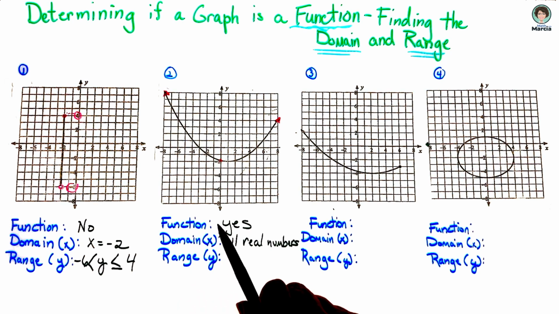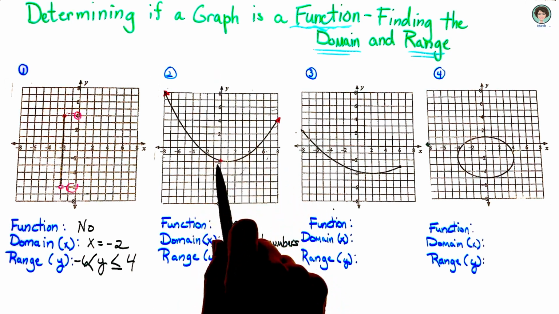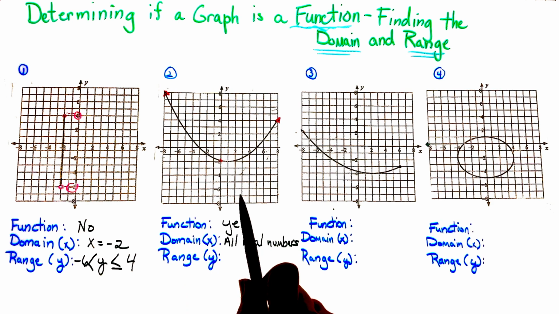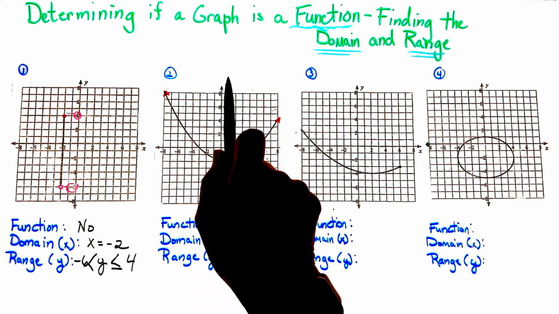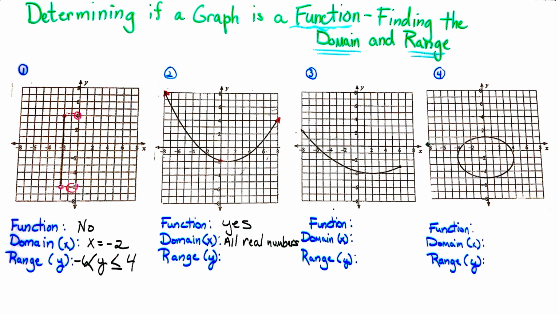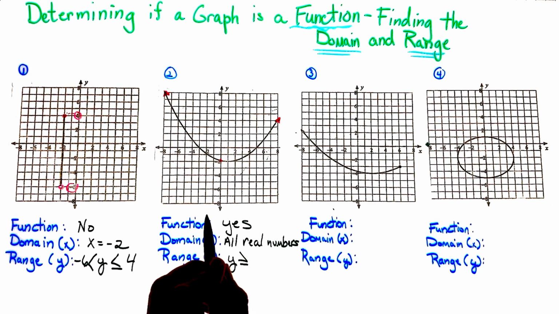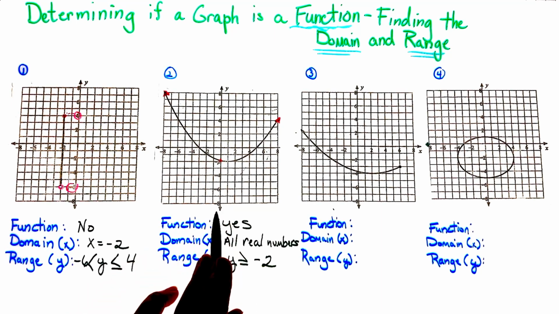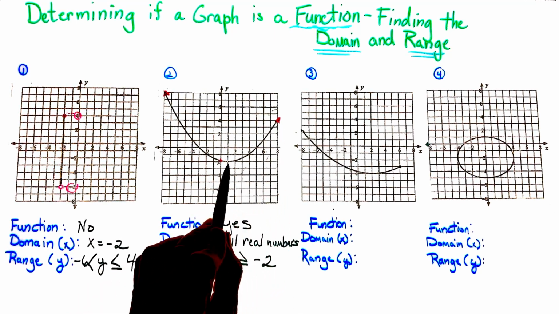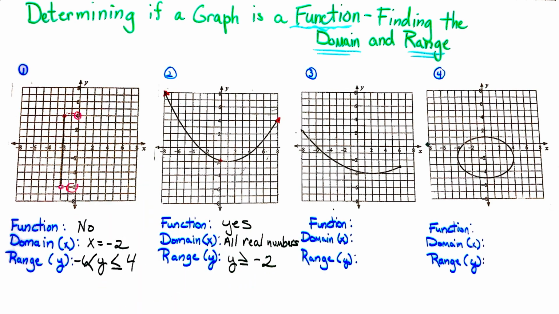When we're trying to find the range, we're looking at our y-axis. So when I'm looking at that, I know that y has to be greater than or equal to -2, because it does hit that -2. So y can't be any of the negative numbers down here because this is the way the graph does go.